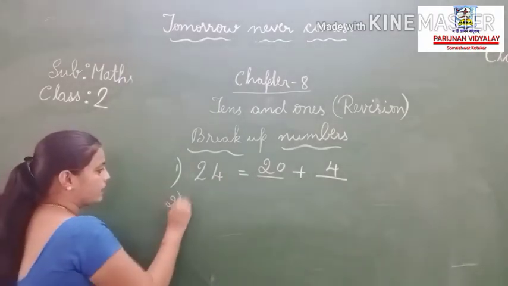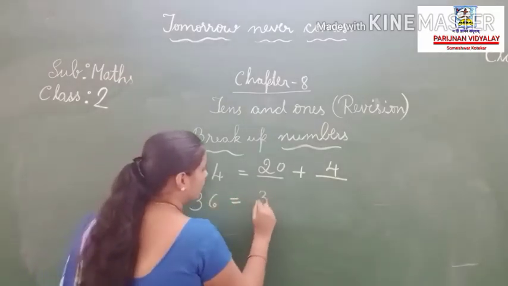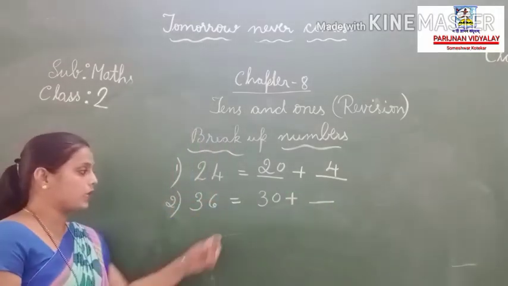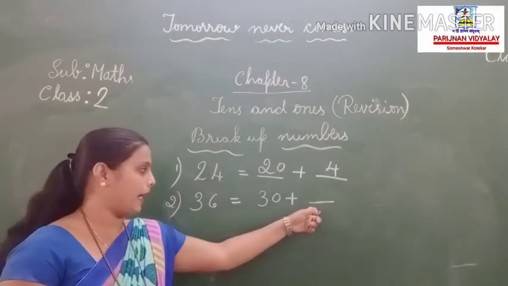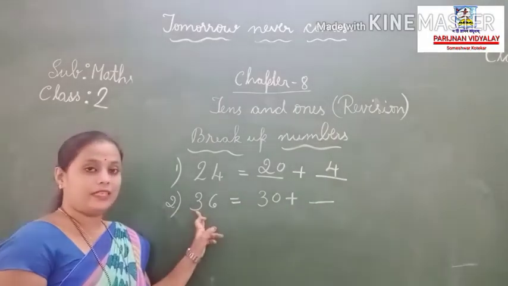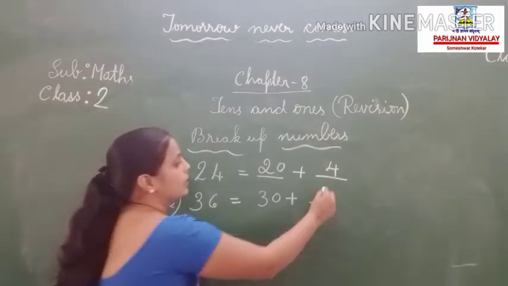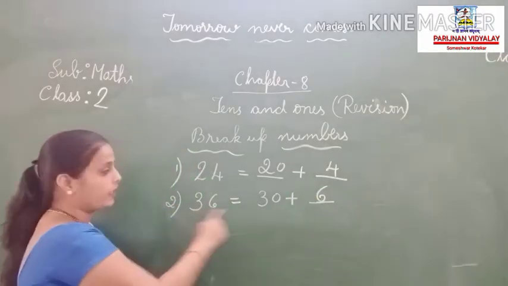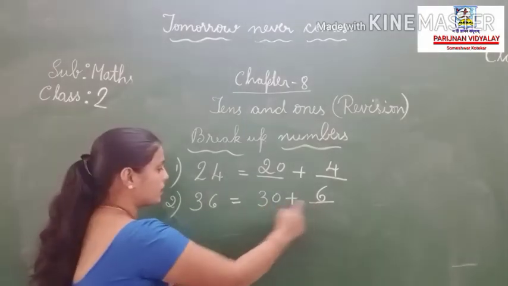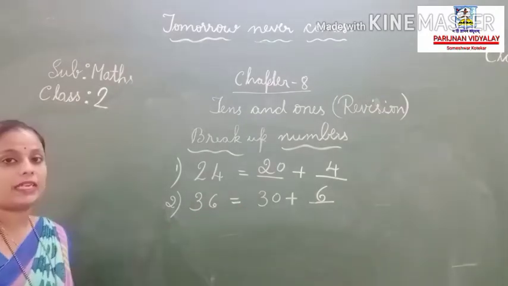Next number is 36 is equal to 30 plus dash. Tell me what will come here? 3 tens and 6 ones means 30 plus 6. 3 tens means 30. 6 ones means 6. So 30 plus 6 makes 36.